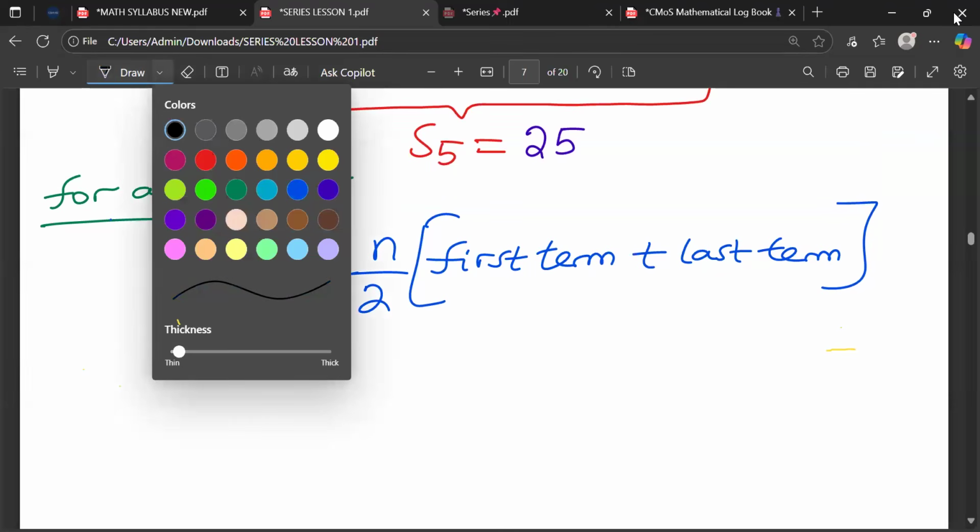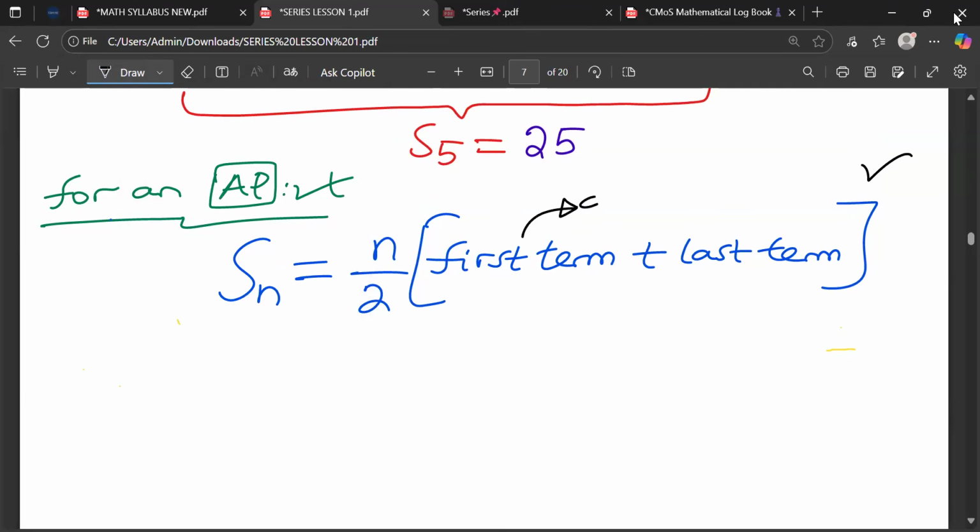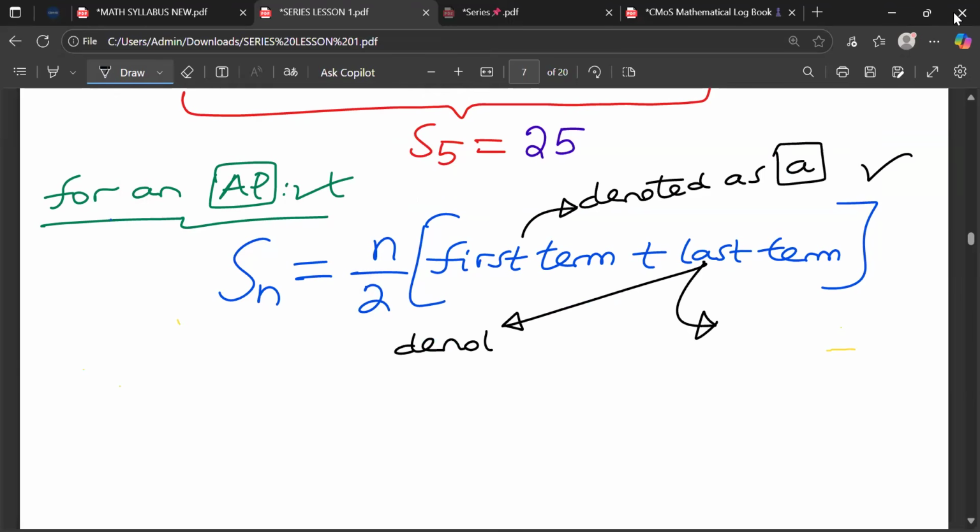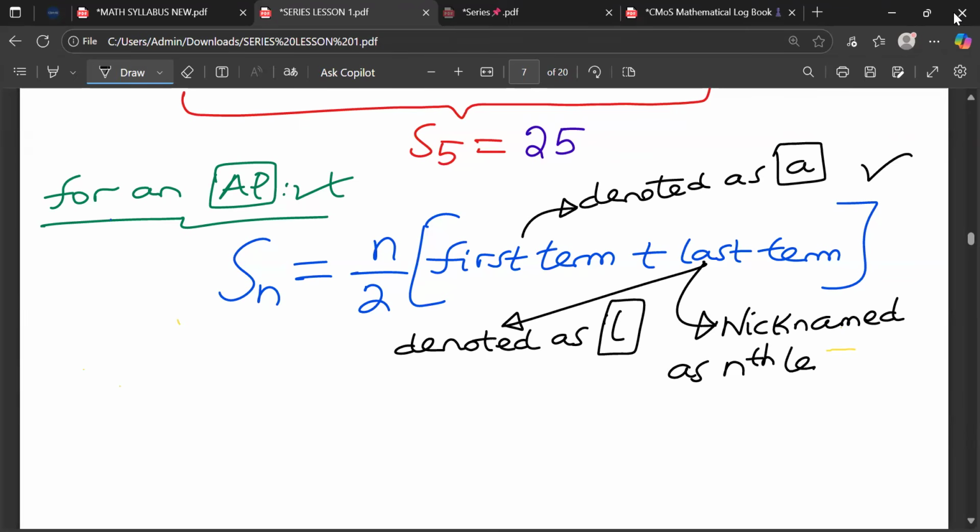A very good formula. You all know this one is denoted as A. Then this one has two things. The first thing, it is denoted as L, small l, just like that. Then the other one is nicknamed. In this topic, the last term, the one that usually comes last, they always call it the nth term.